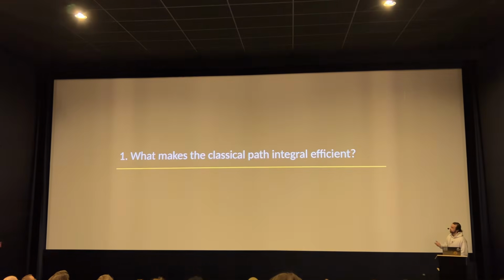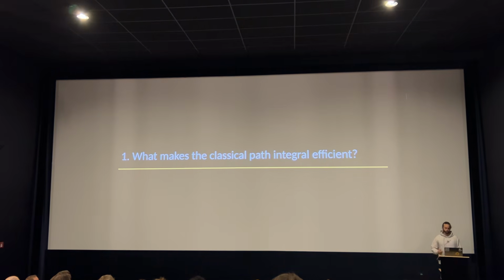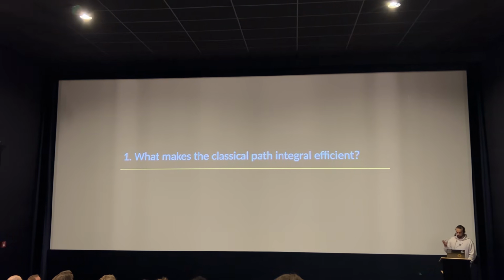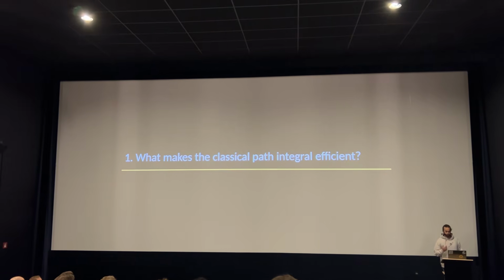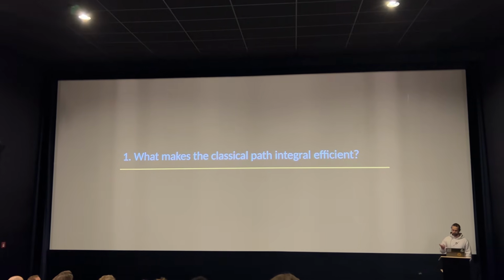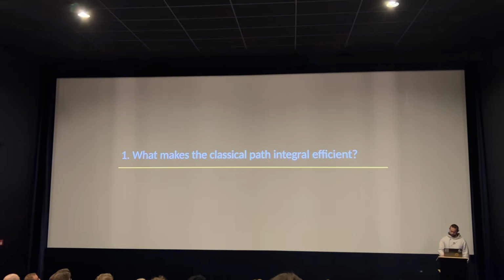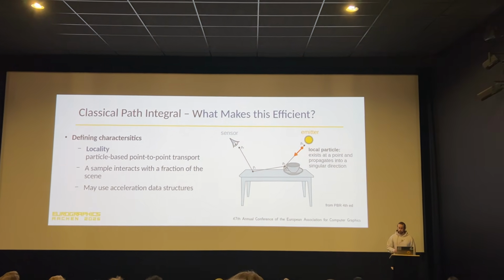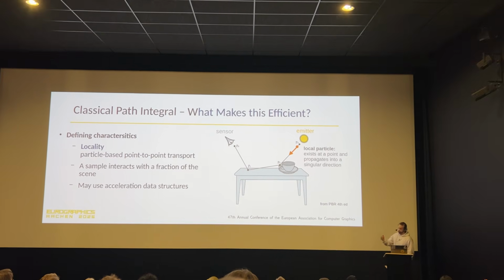And to that end, we start by asking two questions. First, what is it that makes this formulation practical and scalable? And we wish to identify the driving characteristics in order to preserve them as much as possible in a generalization. We recognize two crucial properties. First one is locality.